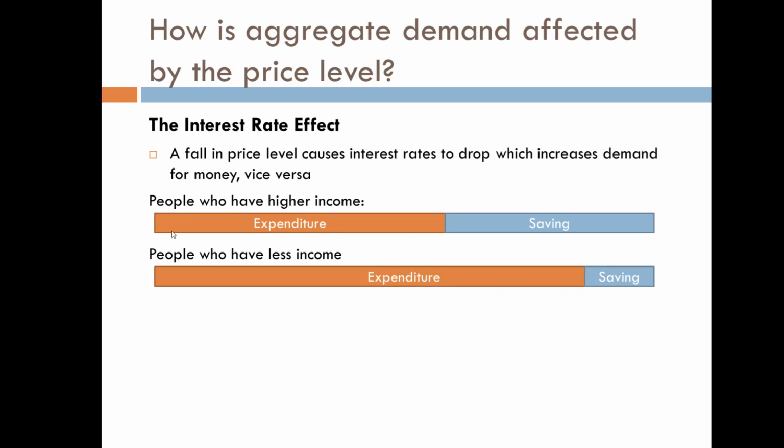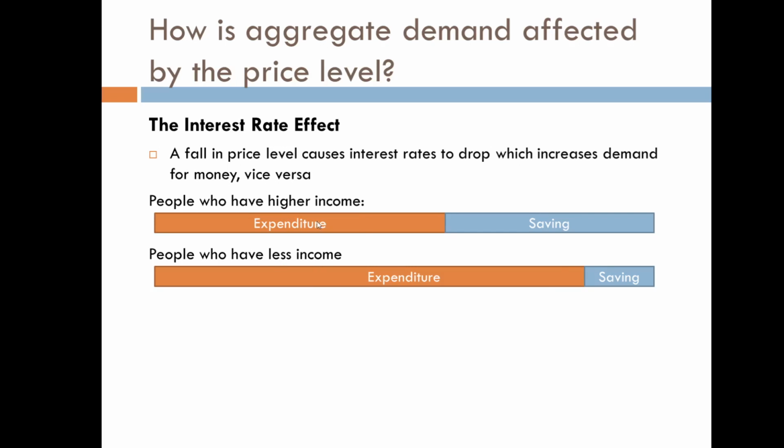Let's say the orange box here, you are buying the same amount of goods and services in both cases. If the second case happens, then you have to spend more of your income on expenditure, and in the end your saving will be less. So we make the assumption that we buy the same amount of goods and services.